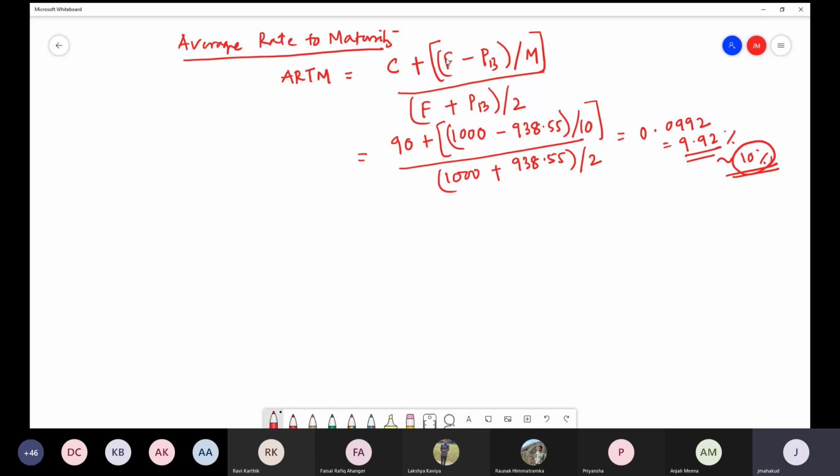So this is one way through which the yield to maturity can be calculated. But if I ask you the yield to maturity of a zero coupon bond, how do we calculate? YTM on zero coupon bond.